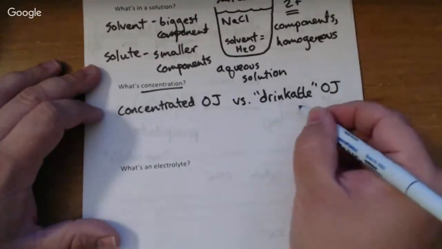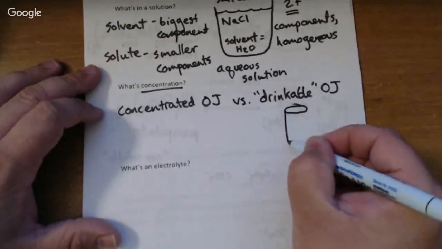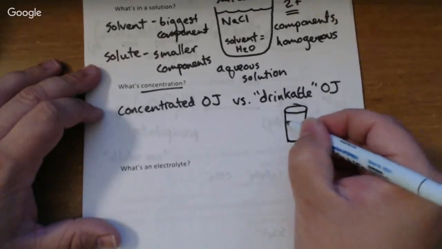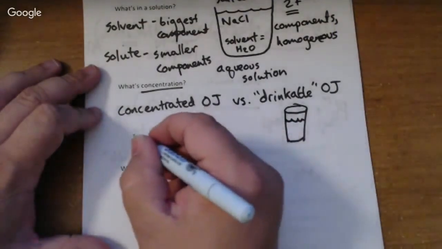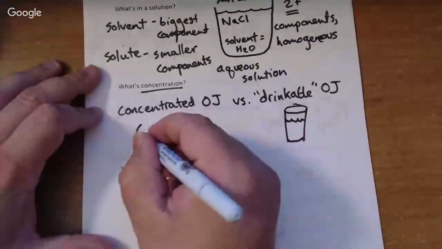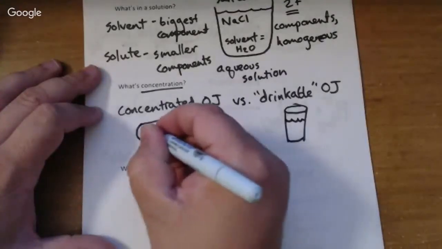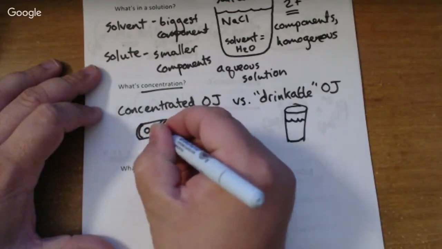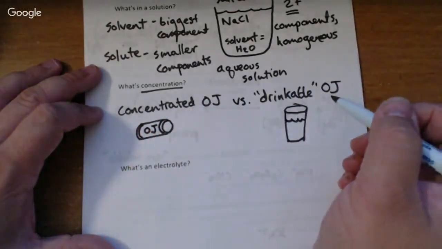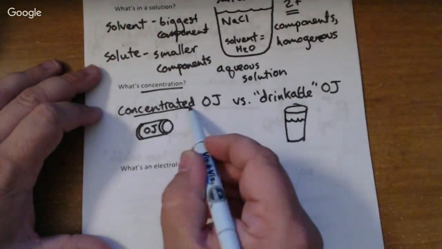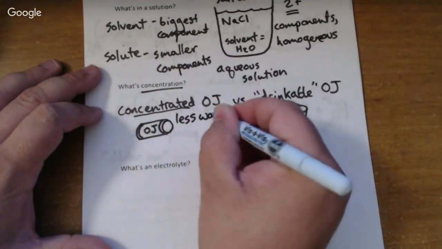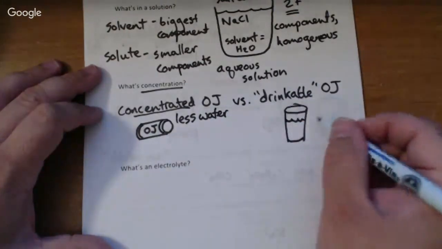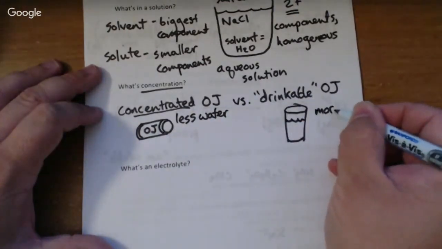So I can have a big glass of drinkable orange juice that I pour out of a carton that I get out of the fridge. I can also have, from the freezer section of the grocery store, one of those canisters that contains juice concentrate that's frozen. Now, concentrated OJ contains less water, whereas drinkable OJ contains more water.